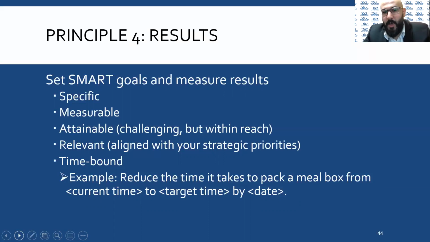For example, you have to be specific. You have to set a measurable goal, something that you can attain but that is still challenging, relevant to your area, and time-bound.